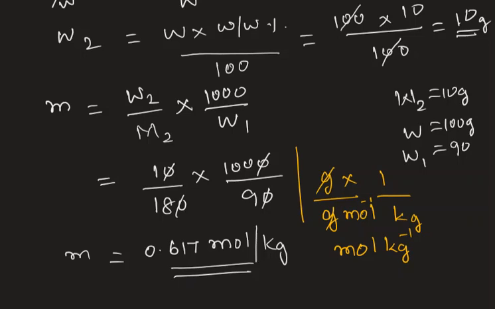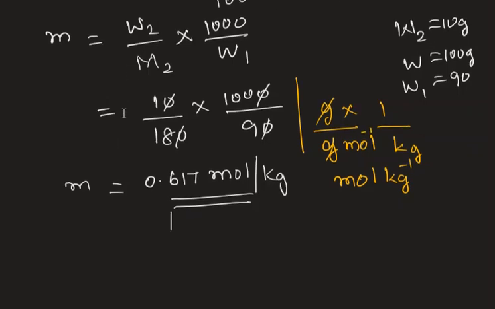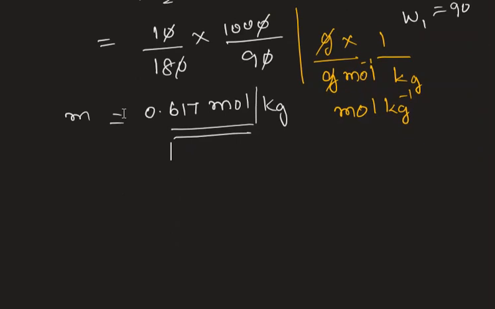Then it is asked, mole fraction also. So what is the formula for mole fraction? Mole fraction is represented as chi, this is called chi, C-H-I. Mole fraction of the solute is given by N2 divided by N1 plus N2.